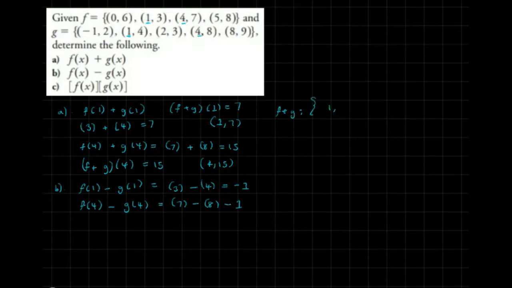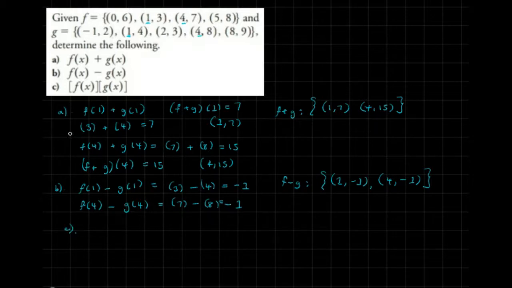You can write this down as (1, 7) and (4, 15). You can do the same thing for the f minus g set: you would get (1, -1) as well as (4, -1). So that's the two combined sets that we've looked at.